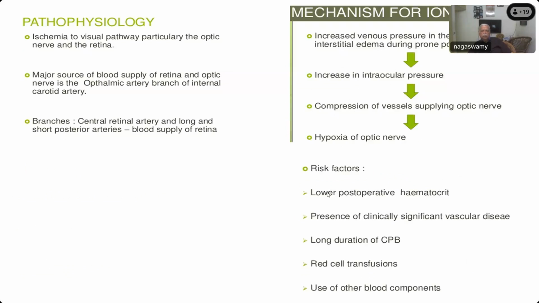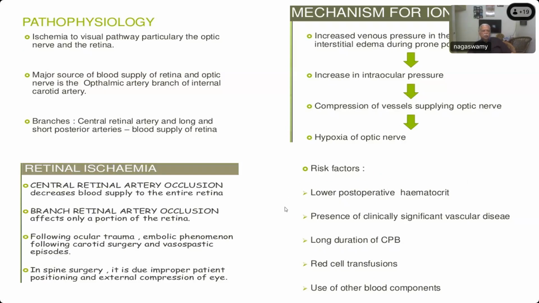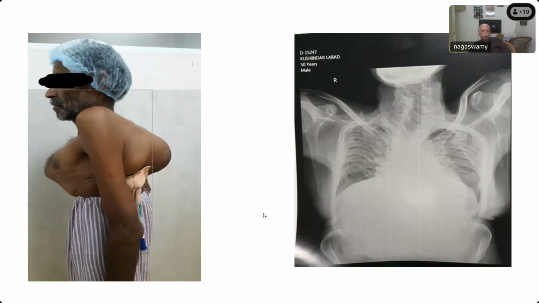The risk factors are low post-operative hematocrit, presence of vascular diseases, and long duration. Of course, if it is a cardiopulmonary bypass, it is common in that also, and use of blood and other components. So retinal ischemia can be of the central retinal or a branch of the retina can be affected, and ocular trauma also can produce it.